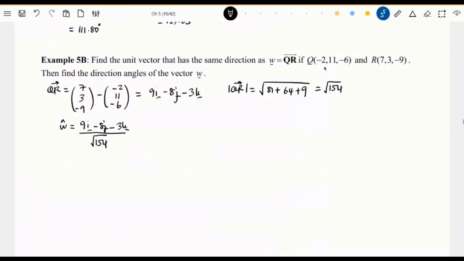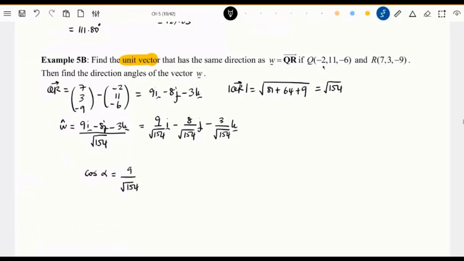So we have it by 9 over square root 154 I minus 8 over square root 154 J minus 3 over square root 154 K. Okay, so kita dah menjawab dah satu bahagian which is unit vector. Okay, and then we have to find the direction angle.